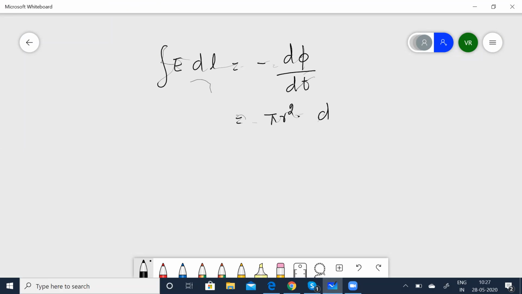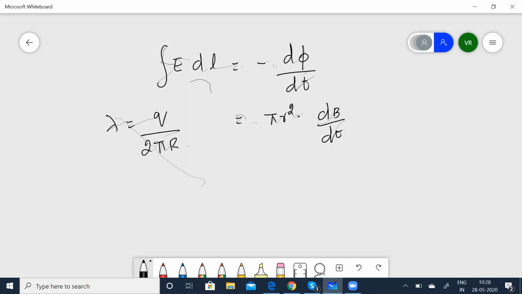Now you know the integration of E dL is equal to minus d phi by dt. Since it is a circular coil, we can take it as pi r squared into dB by dt. Now you know lambda is equal to q by 2 pi r, where r stands for the radius.